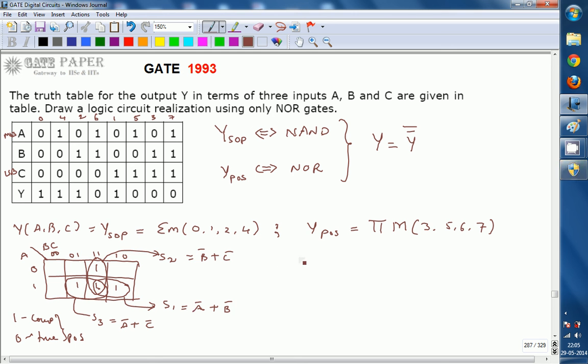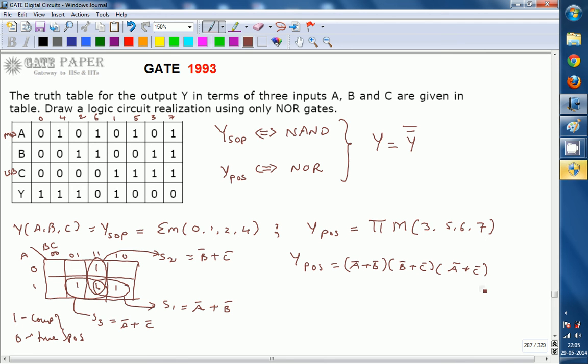So YPOS can be written as a bar plus b bar into b bar plus c bar into a bar plus c bar. This is the POS expression we are getting for the given truth table.